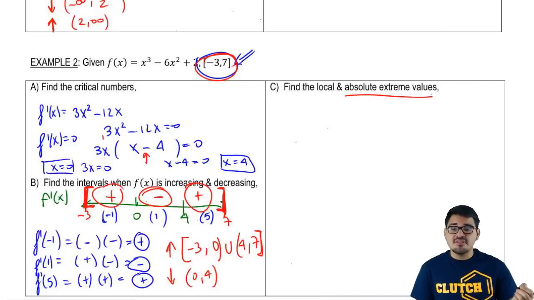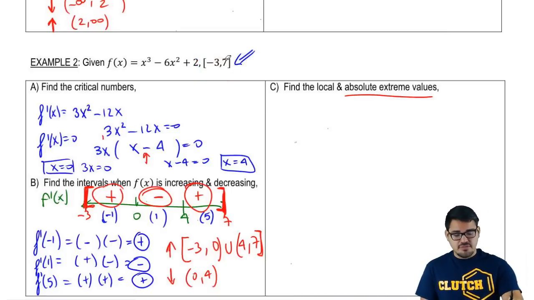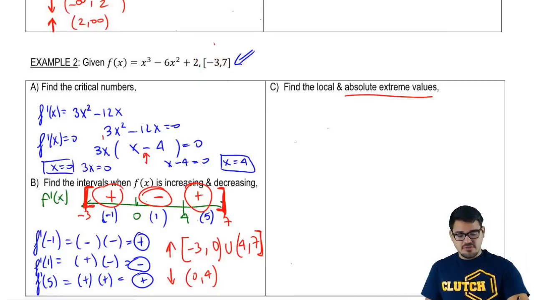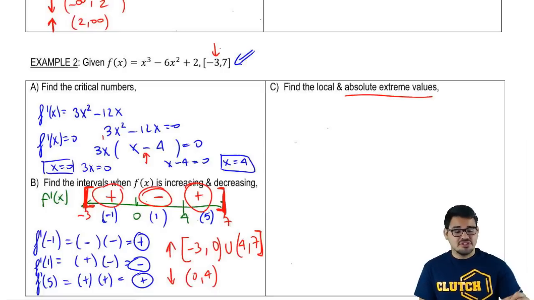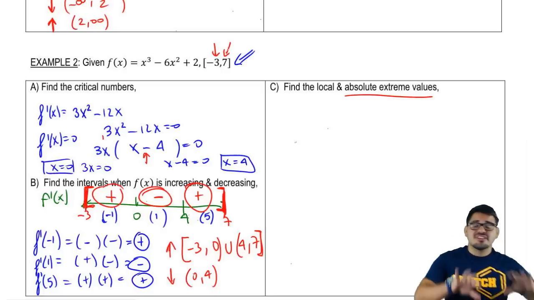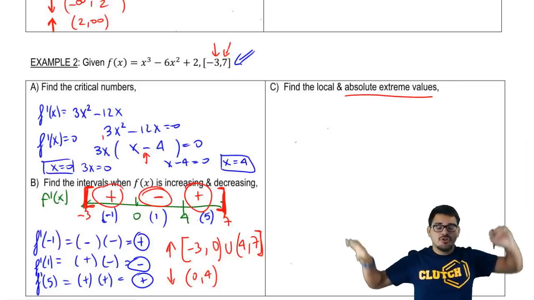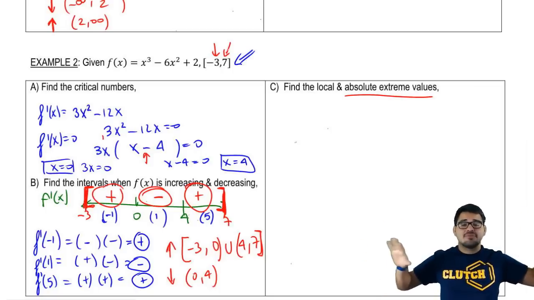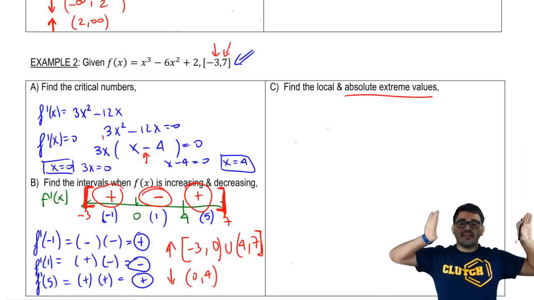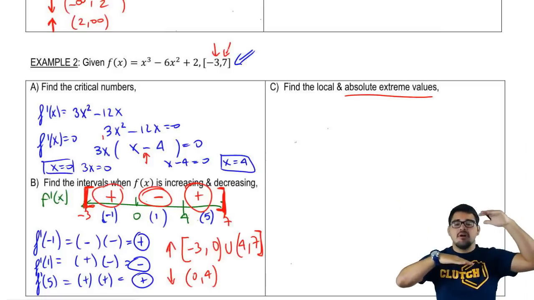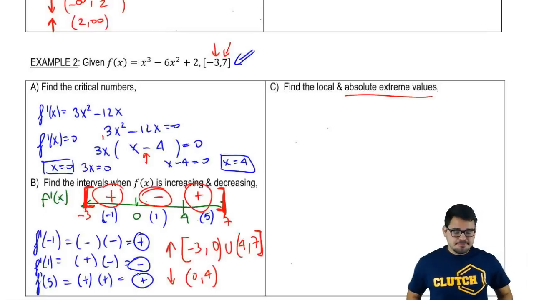So the leftmost extreme is going to be negative 3, and the rightmost extreme is going to be 7, because those are the extremes of my function. When we do absolute max and mins, we have to care about the extreme values, and we also care about the values in between, right?